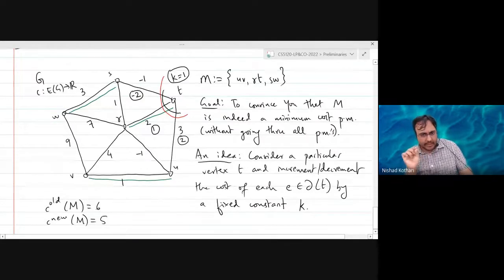So which means that I can make a change at any vertex, and that will basically just change the cost of each perfect matching by that value. Okay, and so in particular, the minimum cost perfect matchings will remain the same. Do you all agree? If all of them go down by one, the minimum ones remain the same, right?